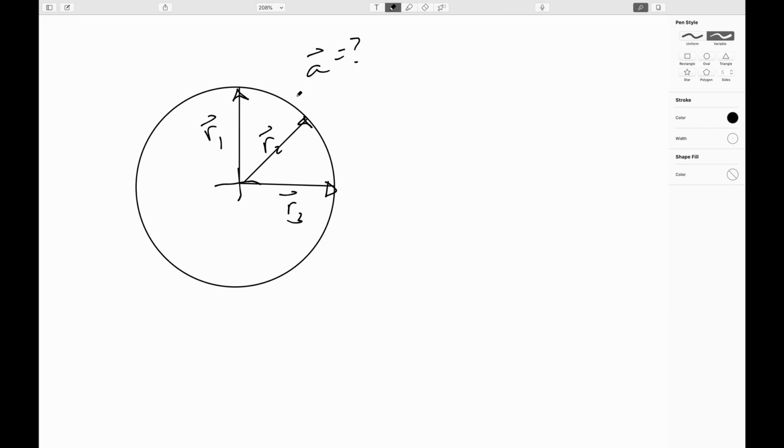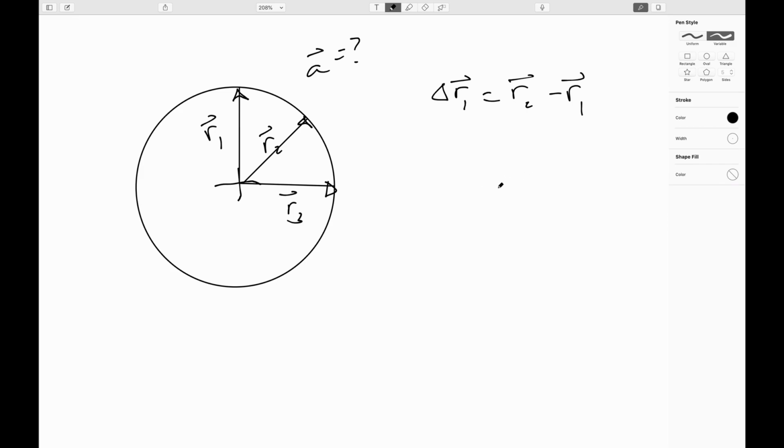But to that end, I need 2 velocities. So I'll need to find velocity in the middle of this interval and the middle of that interval. So let's do it for this one right here. We can say delta R1 will be equal to my final position R2 minus my initial position R1.